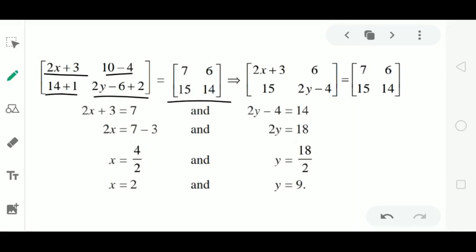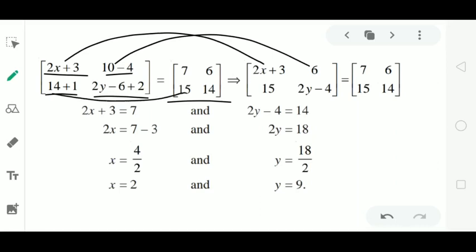On simplifying, we get 2x plus 3 as it is, 10 minus 4 is 6, 14 plus 1 is 15, 2y as it is, minus 6 plus 2 is minus 4.